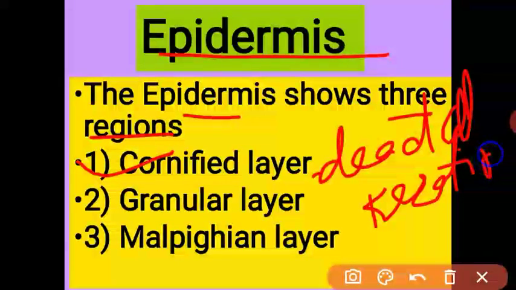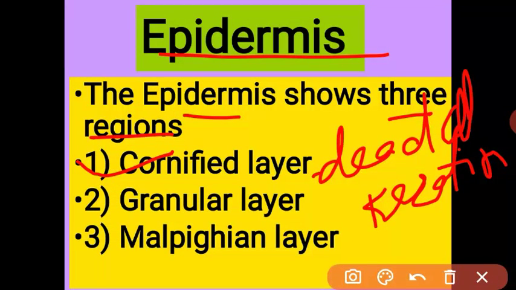It is also present in the nail, hair, horn, and silk. This layer is very tough, and because it is made from dead cells, it is always shed off. It is continuously worn away, and new layers arise to replace the cornified layer.